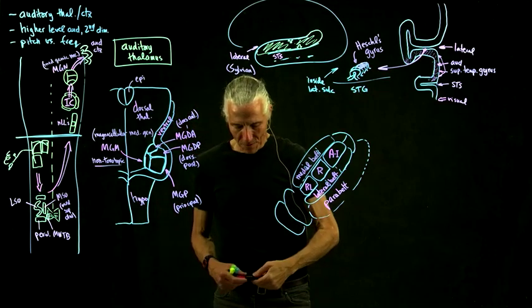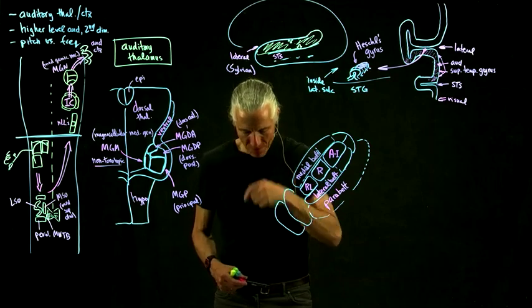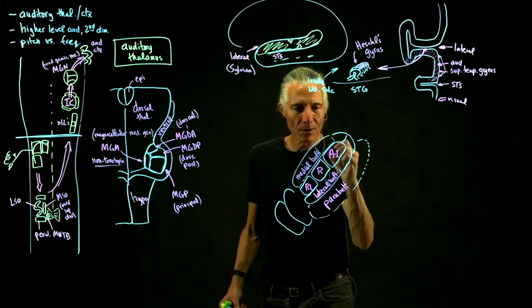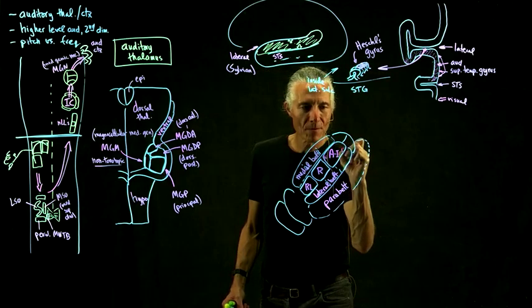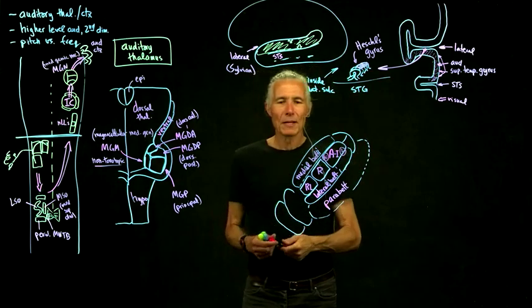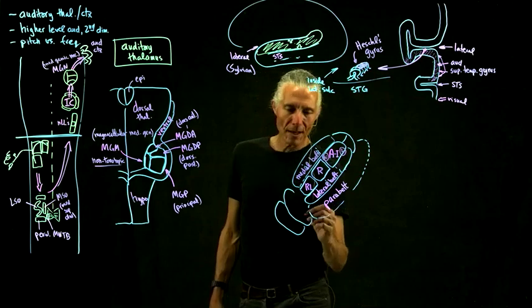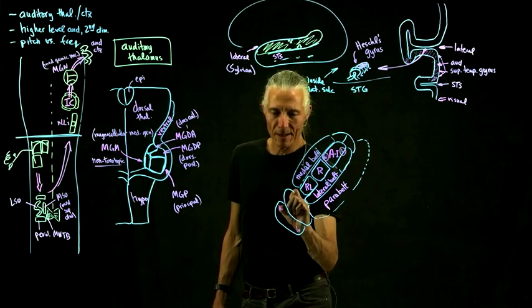Most of these have some sort of mapping of frequency. So if we go into A1, approximately, where is the high and low? The high would be on this side, and the low would be on that side. There's still tonotopy when you get out here, so this is low at this end and high at this end.